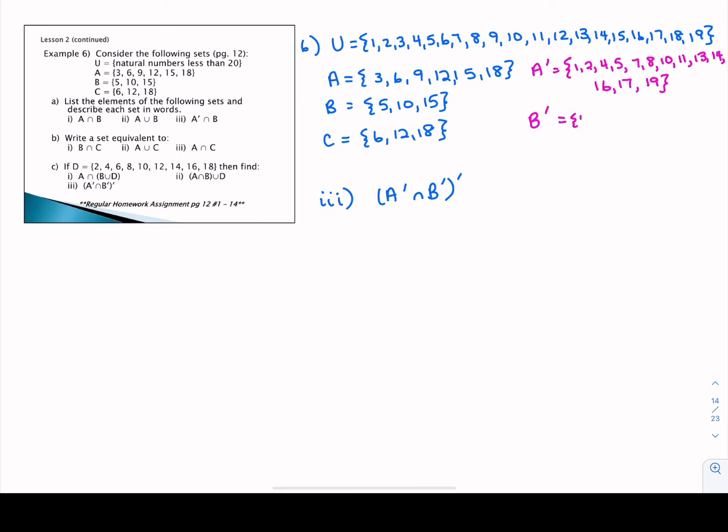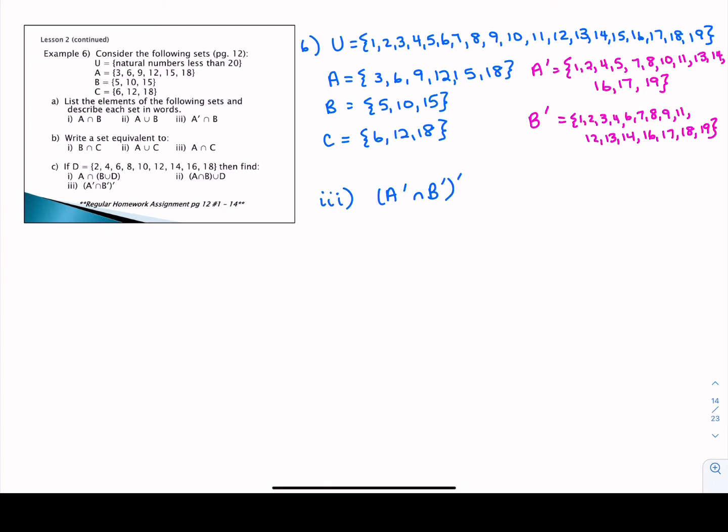So we've got 1, 2, 3, 4, skip 5 because 5 is part of set B, 6, 7, 8, 9, not 10, 11, 12, 13, 14, not 15, 16, 17, 18, and 19.